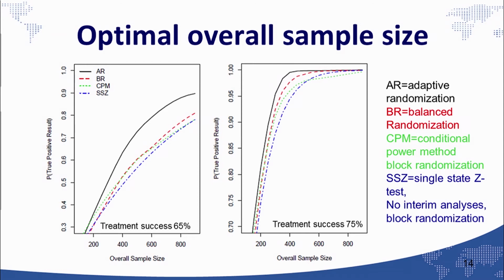So when the treatment success is 65%, for a given power of 80%, for example, you can see that you will need many fewer patients with a Bayesian adaptive randomization compared to the other methods. But if your treatment success increases, then the difference between the power first increases a lot, and the differences between methods become smaller.